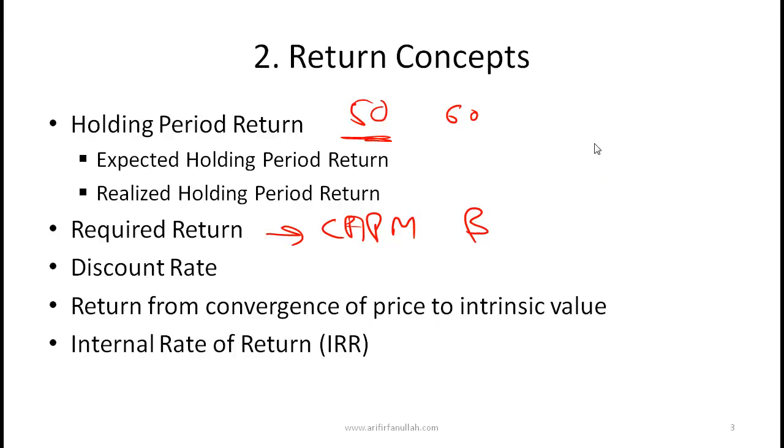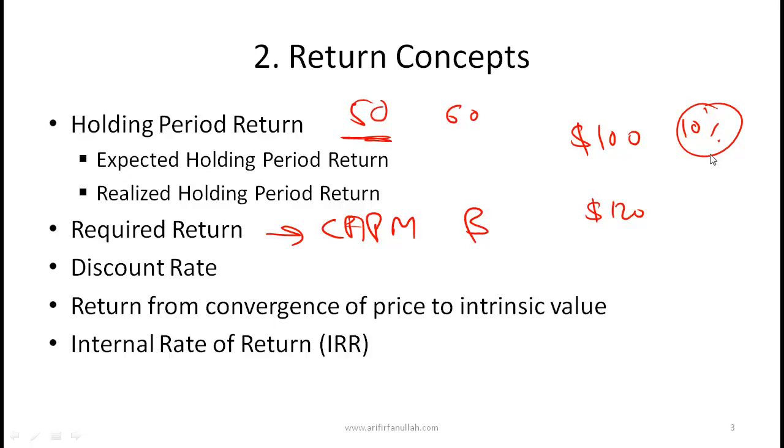Let's say that a given stock is currently trading at 100 and you think that the intrinsic value is 120. Now, if the stock is trading at 100 and let's say that the required return given the level of risk is 10%, then you are expecting two sources of return.